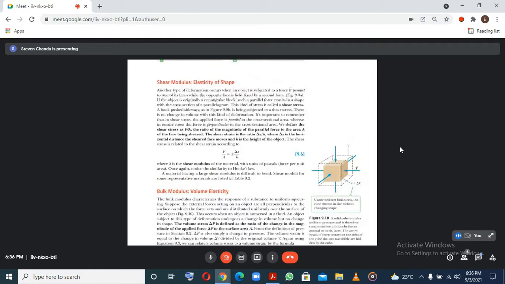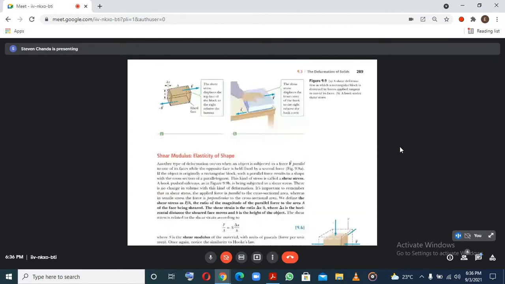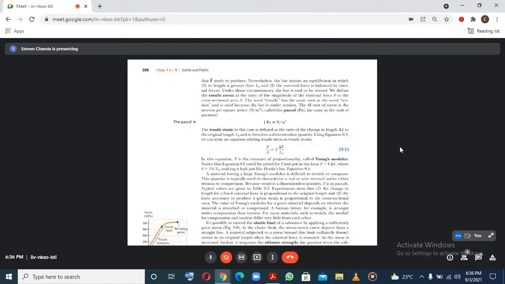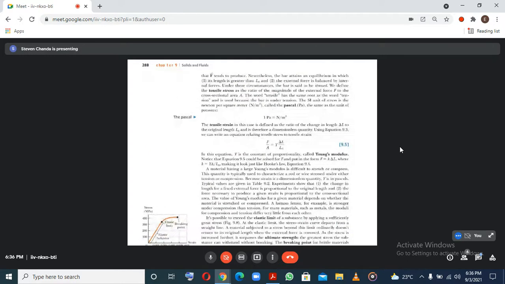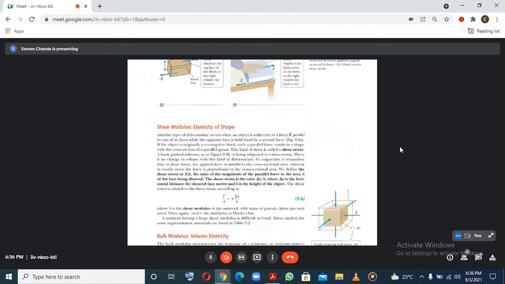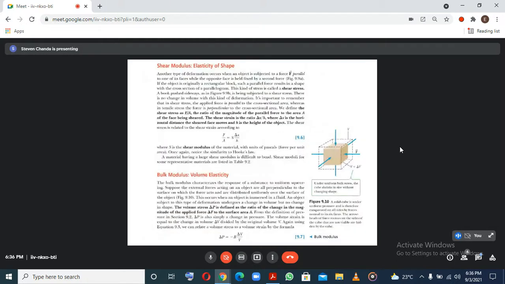Now, what's shear stress? Shear stress is basically the ratio of the magnitude of the parallel force. Parallel force is the key thing in this. Okay? So the parallel force to the surface, or rather to the area A of the face being sheared, right?